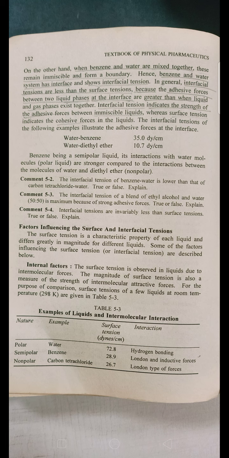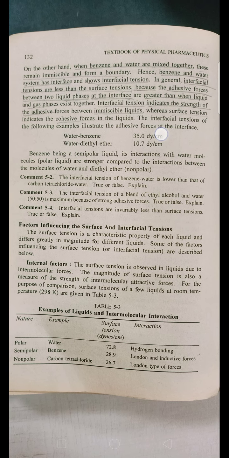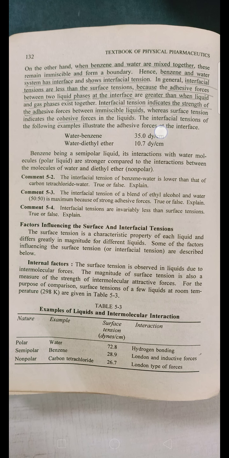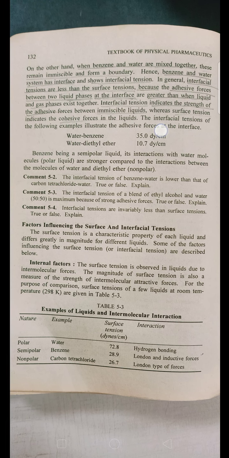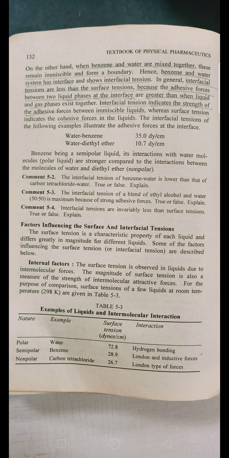If intermolecular interaction is strong, then it has more interfacial tension. If there are weak interactions, then it has less interfacial tension, right? That we have studied. Next we have studied the factors affecting surface and interfacial tension. It includes three types: internal, external and temperature.